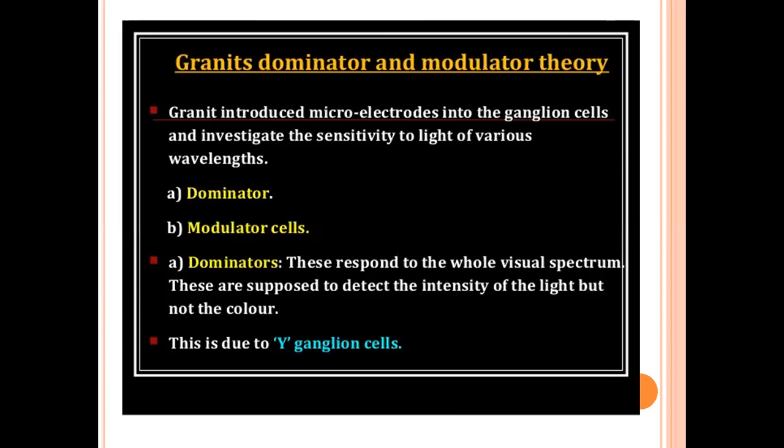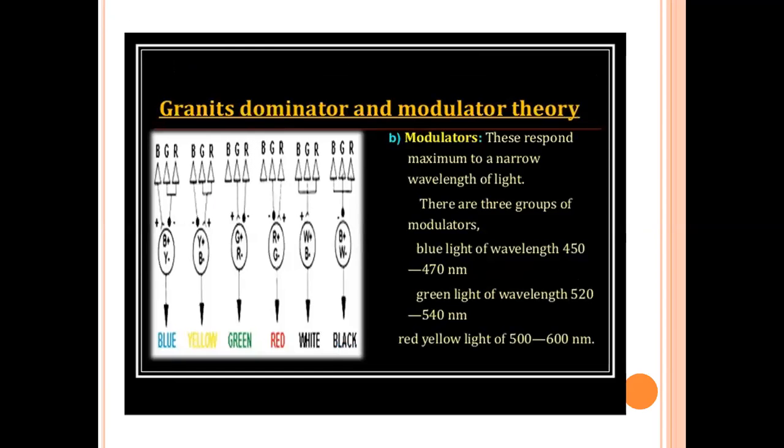Okay, then Granit's dominator and modulator theory. In that, they found out that there are 2 types of cells present, namely dominator cells and modulator cells. The dominator cells are for light vision, and they are because of the P type of ganglion cell, while the modulator cells are mainly for color vision.